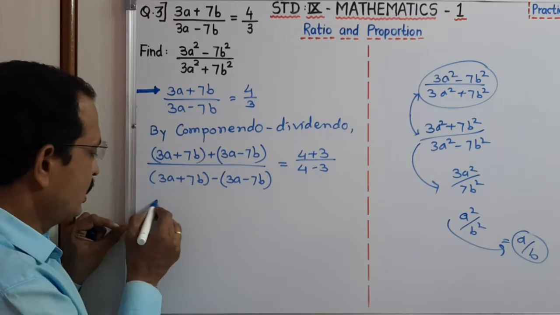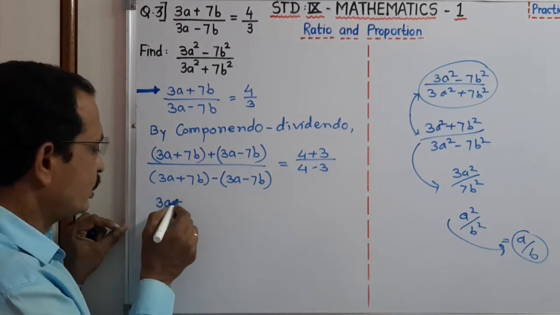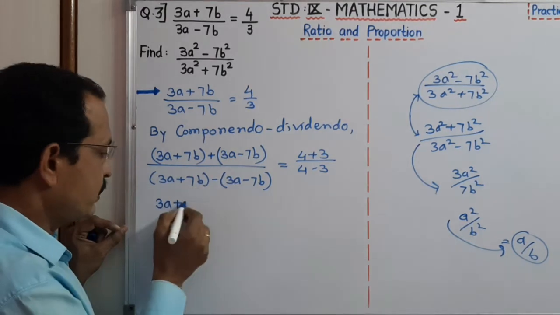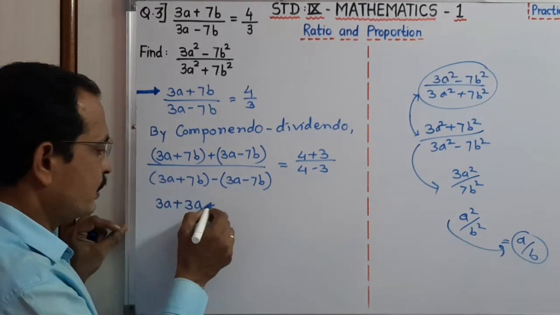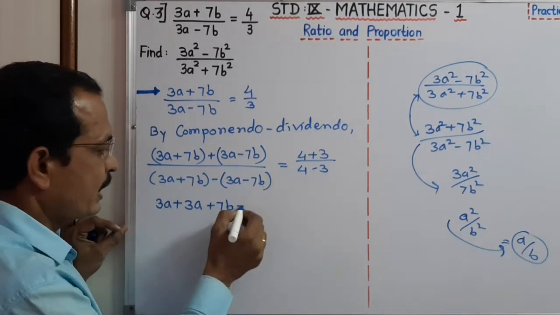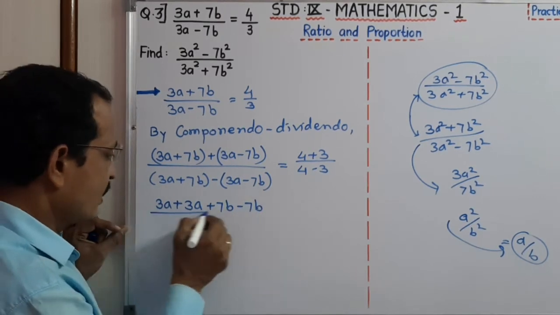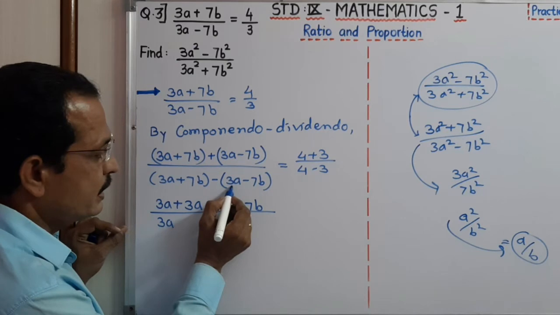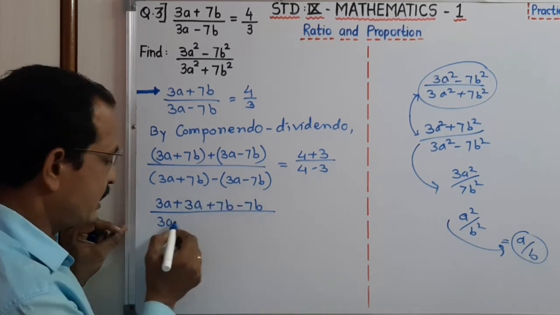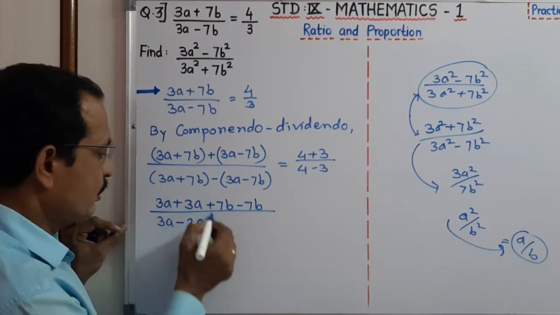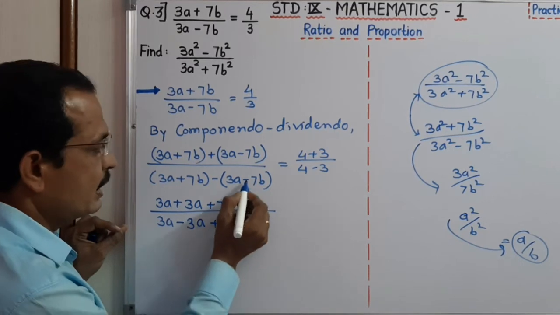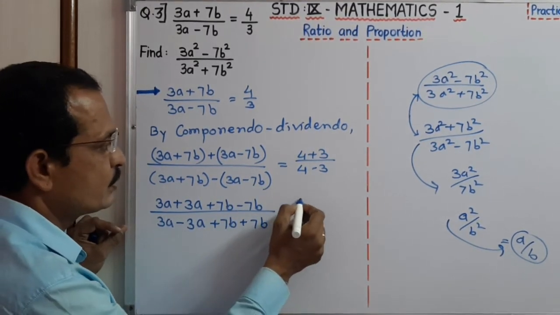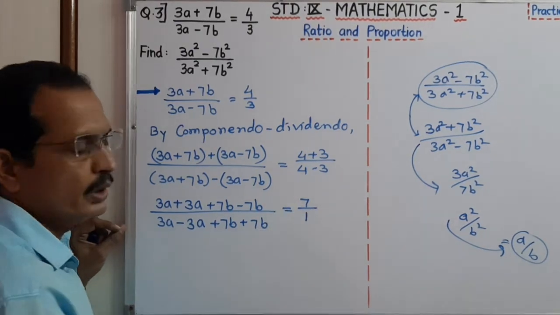For addition, take the similar terms together: 3a plus 3a, plus 7b minus 7b, upon 3a minus 3a, plus 7b plus 7b, is equal to 7 upon 1.